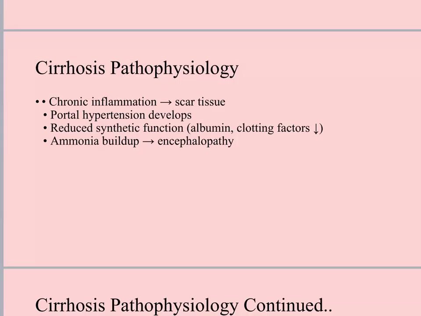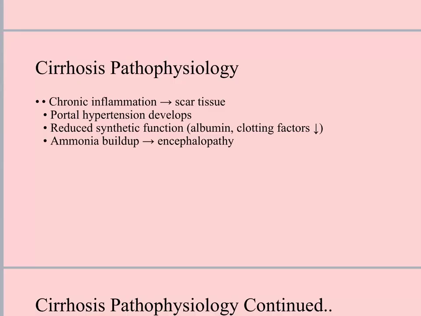The liver has a portal vein, and under normal circumstances, that portal vein carries nutrient-rich blood from the intestines, the spleen, and the pancreas. When the liver is healthy, blood flows easily through tiny capillaries into the hepatic veins and then to the inferior vena cava and the heart.